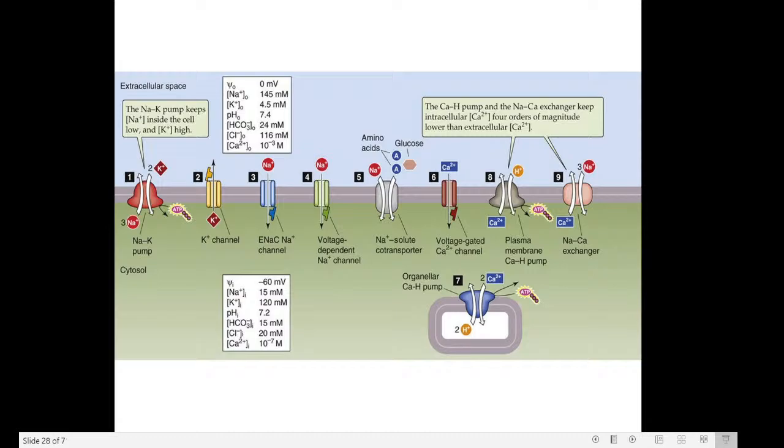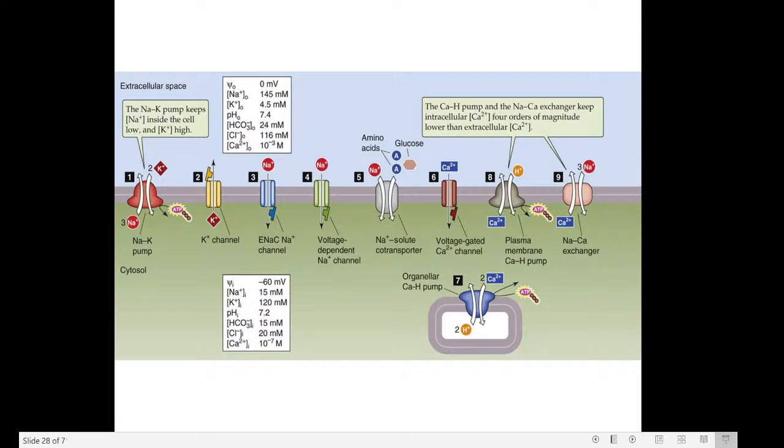Then potassium concentration on the outer cell surface is 4.5 millimolar, but inside it is 120 millimolar. The pH of the extracellular surface is 7.4, and inside the cell 7.2.